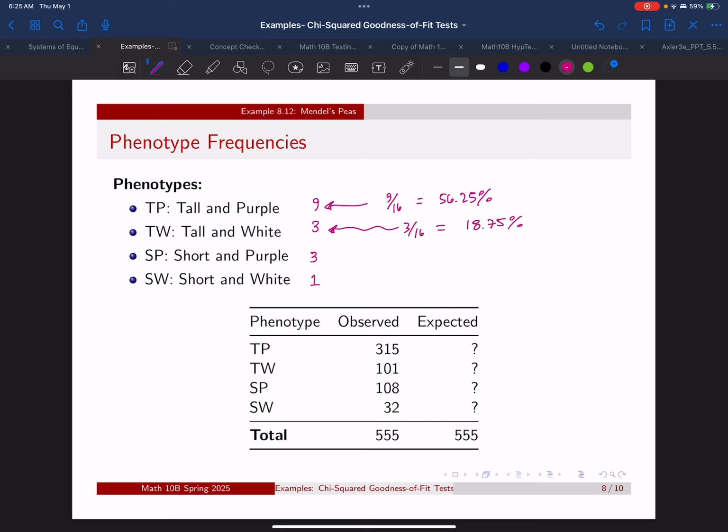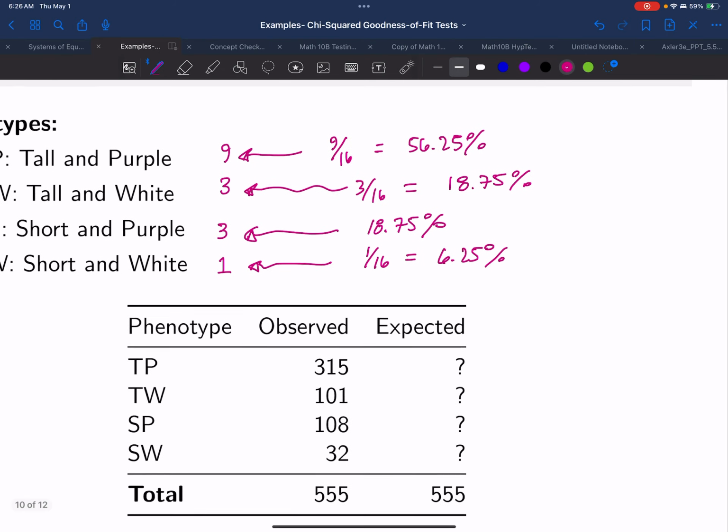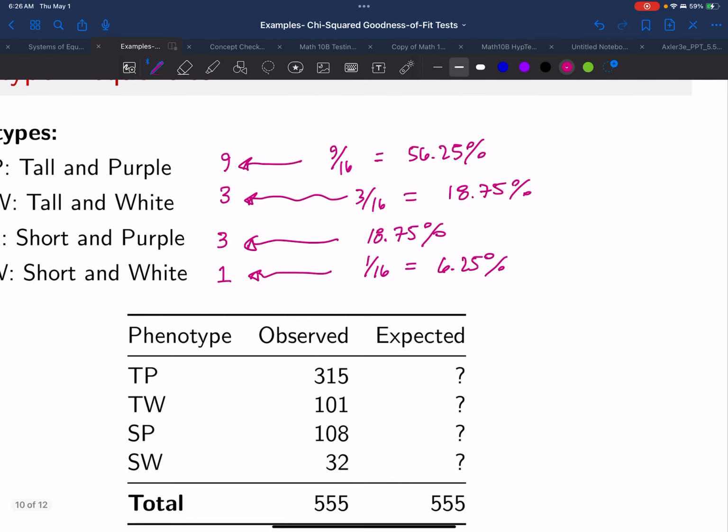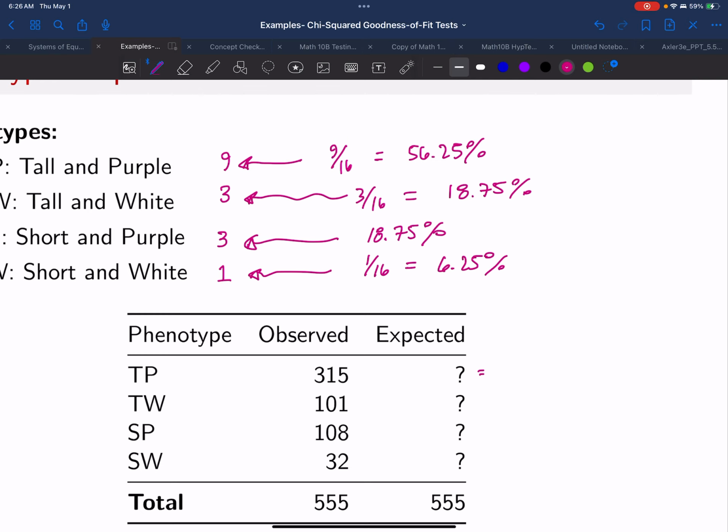So to calculate the expected number of tall and purple, I need 9 out of 16 times 555, right? So I'm expecting 312.1875.